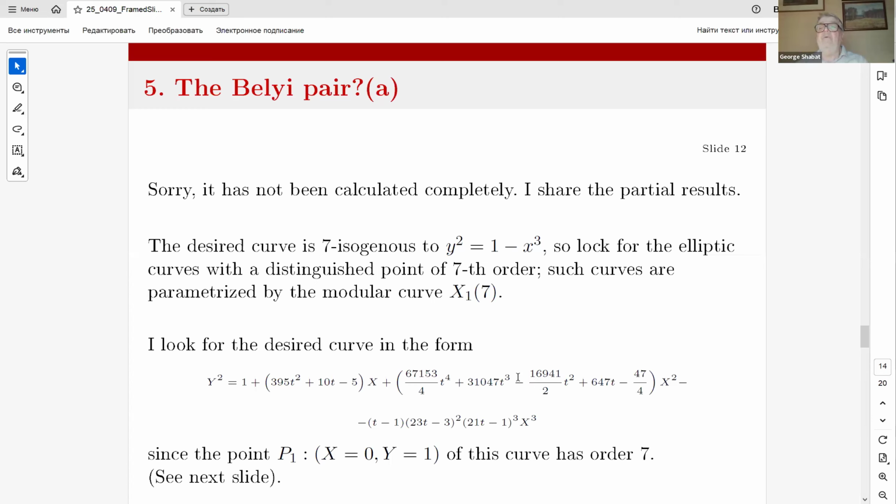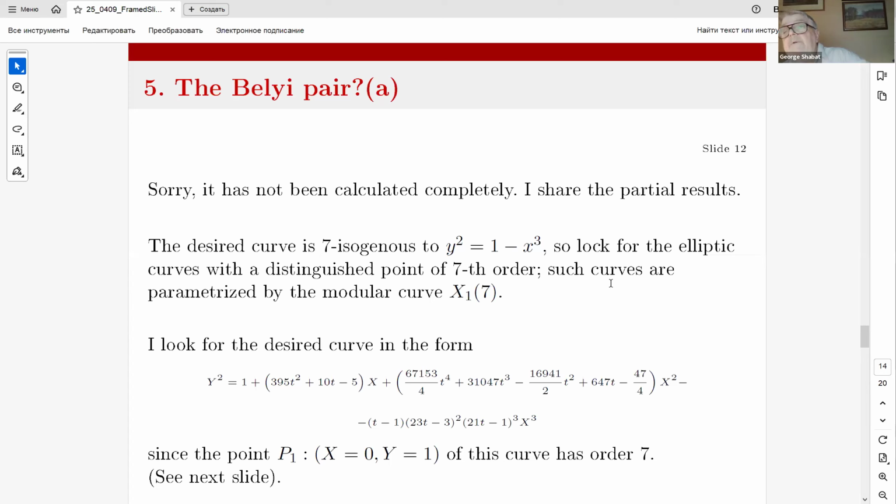So, not a lock, of course, the elliptic curve, but just by the picture of the factorization of the whole colored tessellation over F7, we get the 7-isogeny, and we know very well what curve it covers.